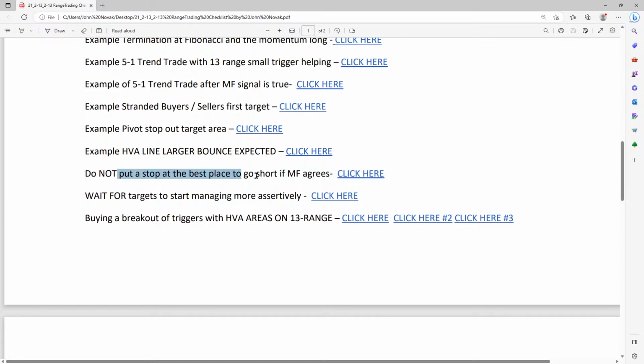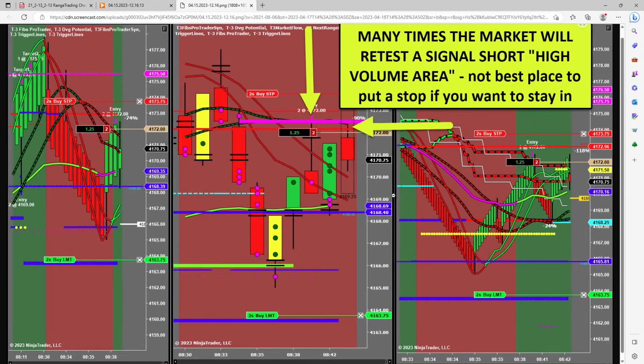Do not put your stop at the best place to go short if the market flow agrees. So let's look at the picture again, because it's going to look very familiar to you, and you're going to be like, damn it. Many times the market will retest the high volume area of a signal short and then go down all the way after, without you.